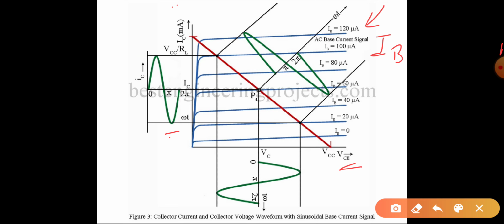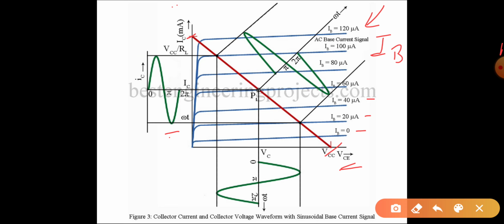So this is the output characteristics of common emitter configuration. So you can see for different base currents there are different VCE versus IC graphs. And this is the load line.